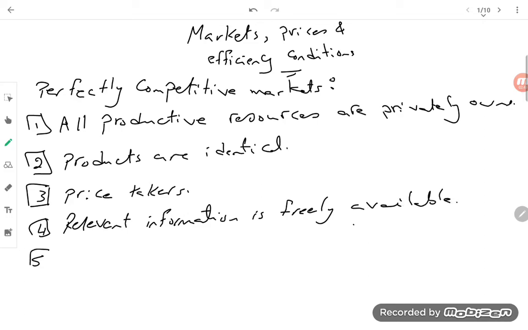And finally, number five, resources are mobile, which means that resources can move from one place to another or from one industry to another. So these five conditions together represent the perfectly competitive market.